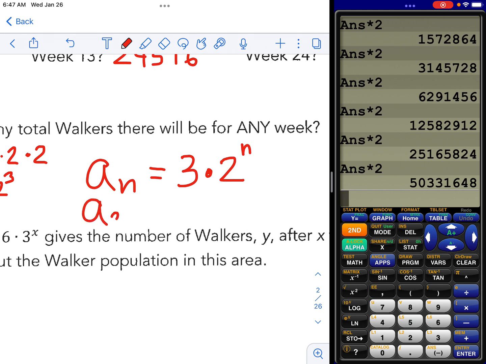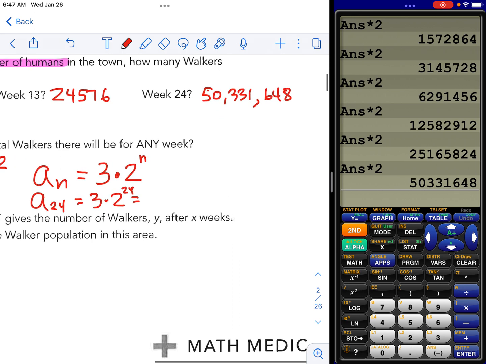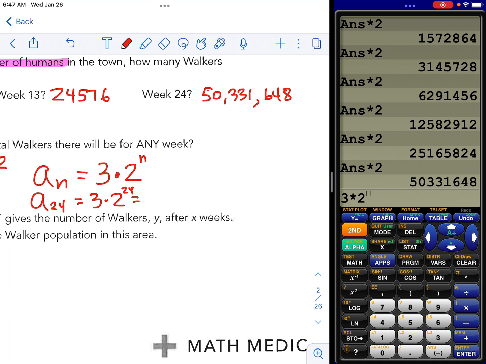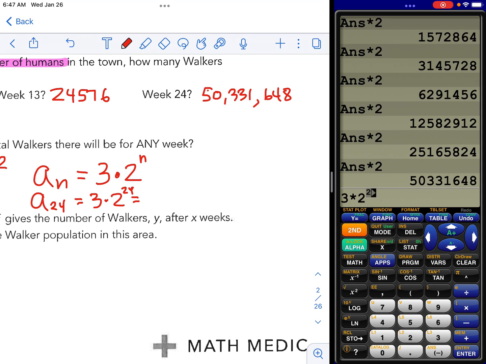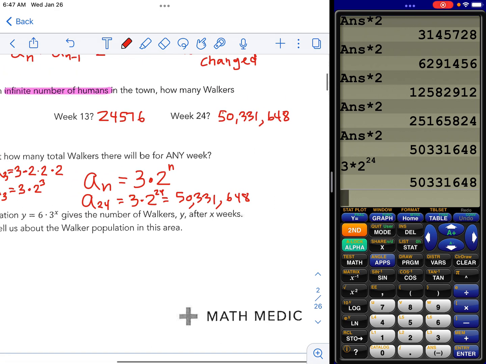So let's try that. A24 then would be 3 times 2 to the 24th power. That should get us that 50 million mark. So let's try putting that into our calculator. 3 times 2 caret key and 24 power. And if you notice, it gets us 50,331,648 zombies.